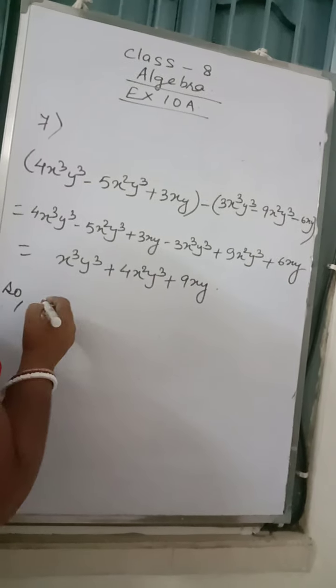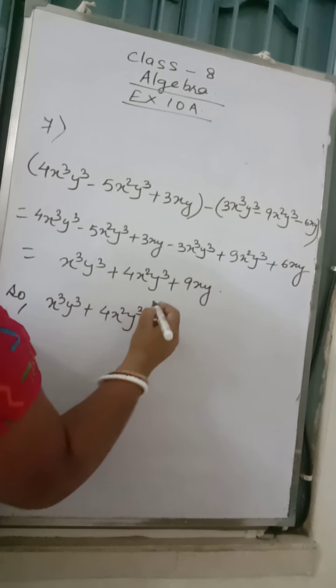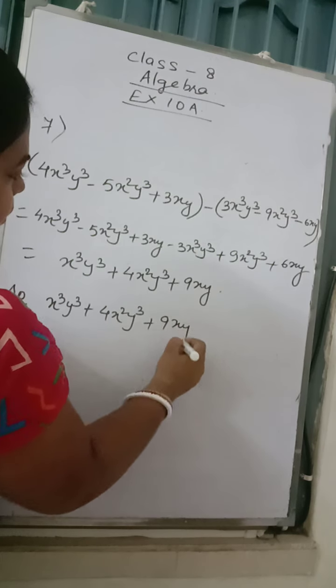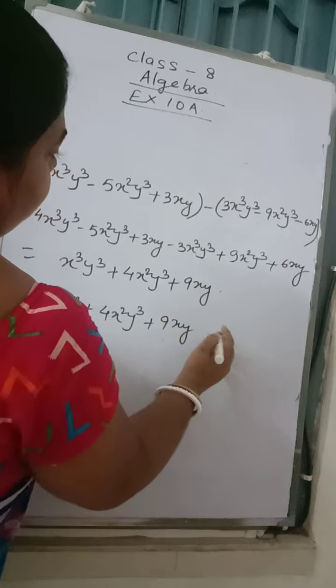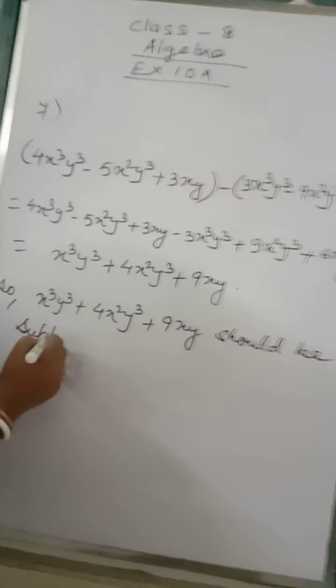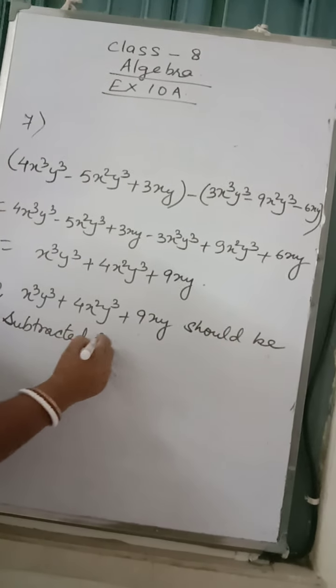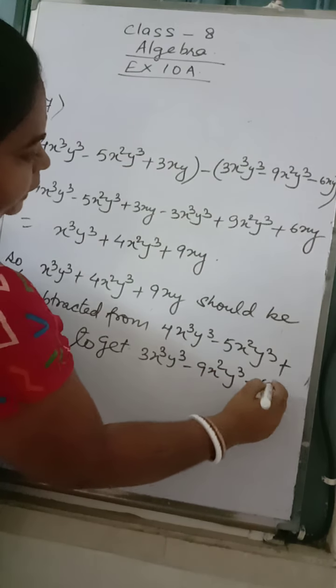So we'll write our answer: x cube y cube plus 4x square y cube plus 9xy should be subtracted from 4x cube y cube minus 5x square y cube plus 3xy to get 3x cube y cube minus 9x square y cube minus 6xy.